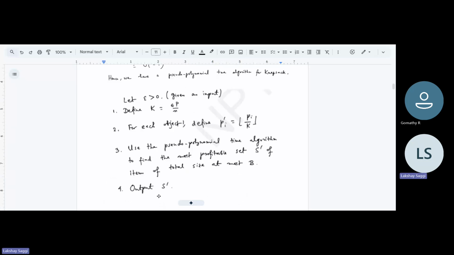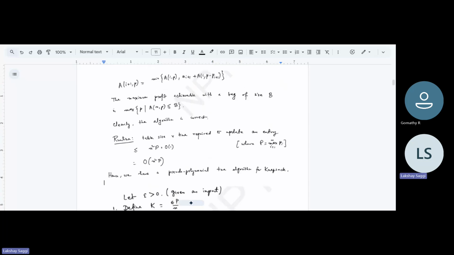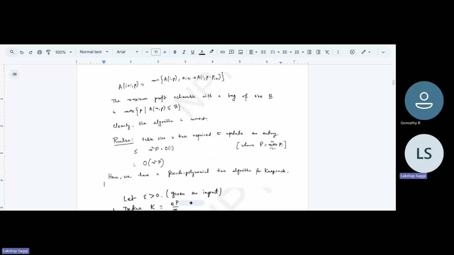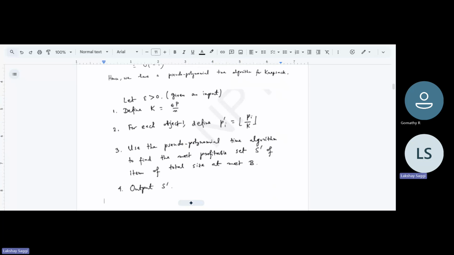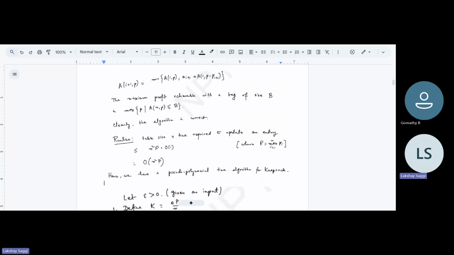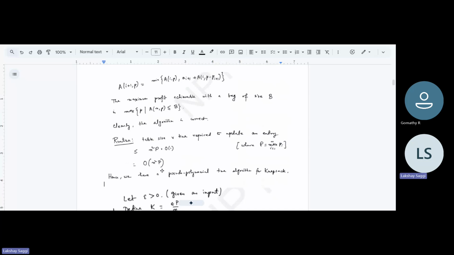And for this, there was discussion in the lecture videos about how one can use these kinds of DP-based ideas to obtain a polynomial time algorithm, which is also a good approximation. Let's first look at why this algorithm takes n square times p.